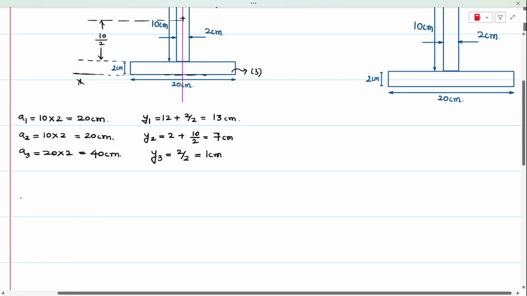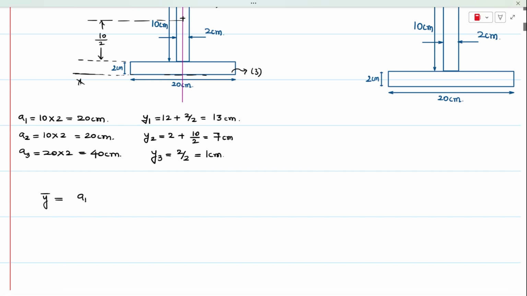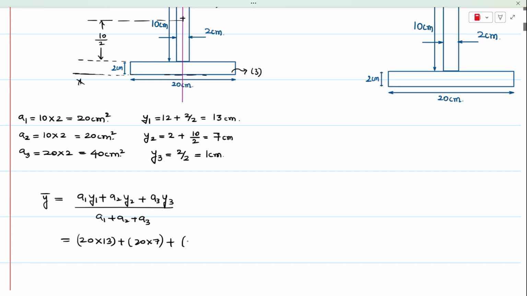So now we need to calculate y bar. So y bar here is equal to A1 y1 plus A2 y2 plus A3 y3, divided by A1 plus A2 plus A3. So A1 is 20 centimeters square. So 20 into y1, which is 13, plus A2, which is 20 into 7, plus A3, which is 40 into 1, whole divided by A1 plus A2 plus A3, which is 20 plus 20 plus 40.